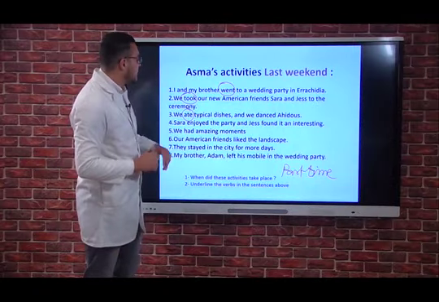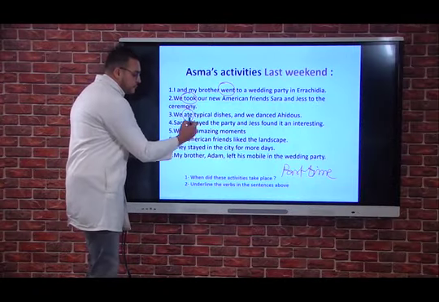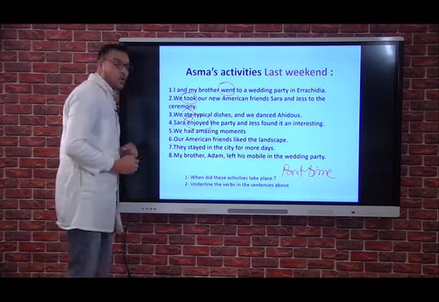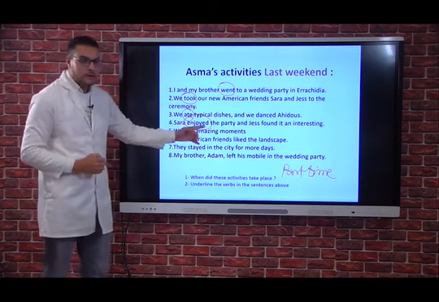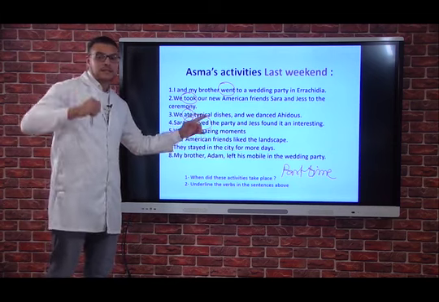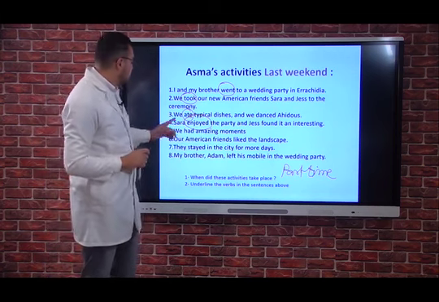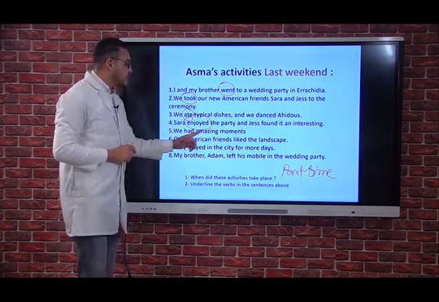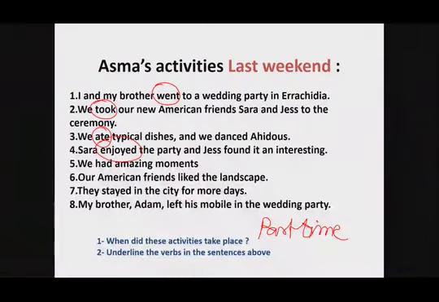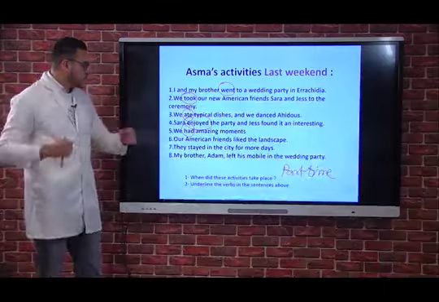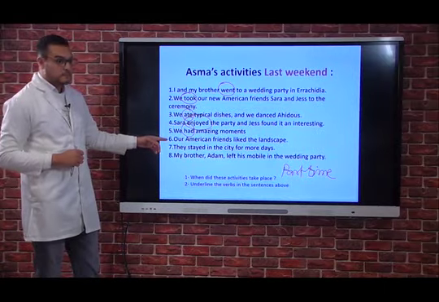So the verb is the verb to enjoy with an ed, which we have seen in the last lesson, the form of regular verbs. 5. We had amazing moments. The verb in here is the verb to have in the simple past, and we say had.